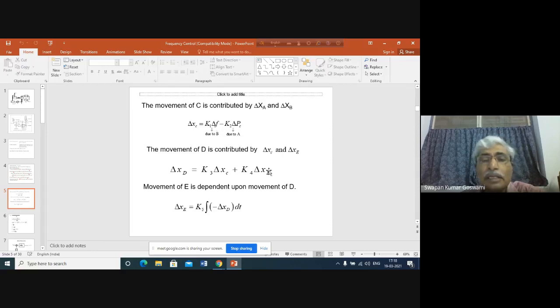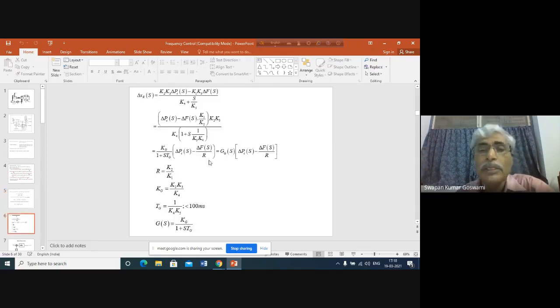And delta XC(s) is the change in the opening of the steam valve. Because then we shall be using this term later on with some other component of the load frequency control system, we shall be writing this expression. What is delta XC(s)? You write this expression, then manipulate, modify, rearrange it in this form.